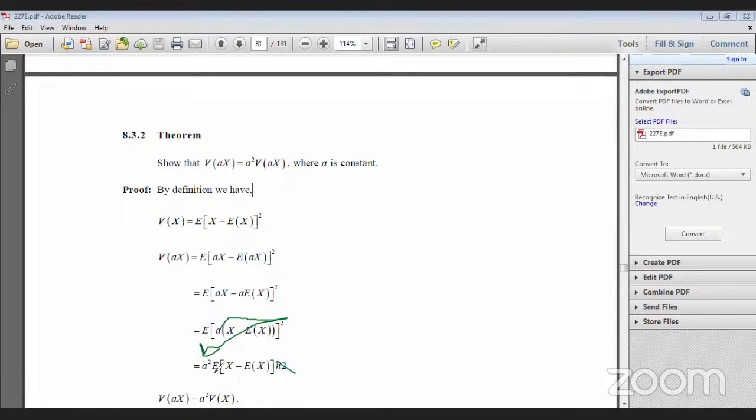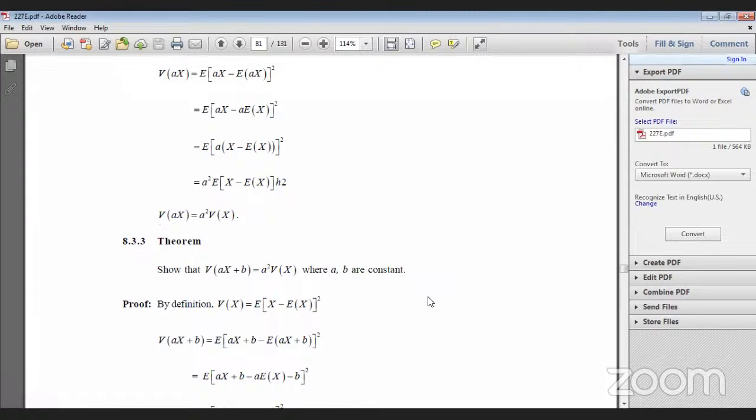You can see in the earlier problem, V of x is E of x minus E of x whole square. So V of ax is a square V of x. Therefore, the variance satisfies the condition V of ax equals a square V of x.